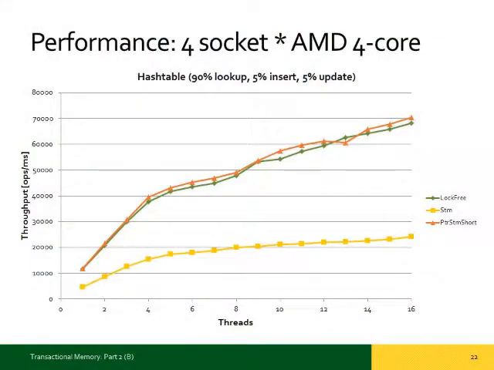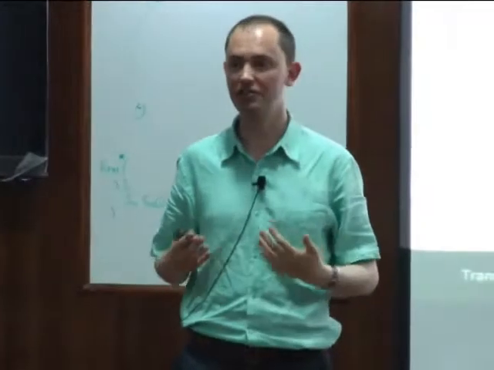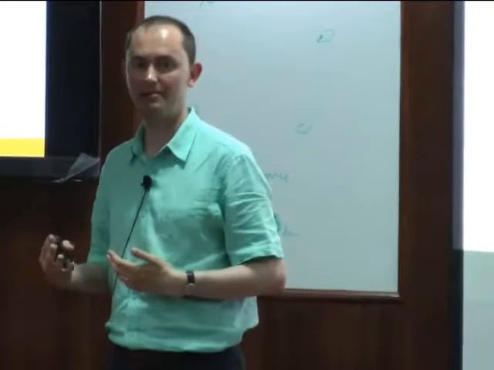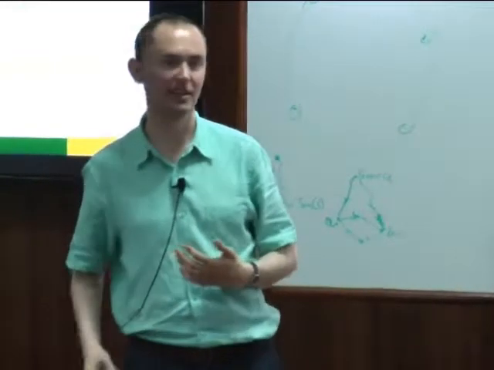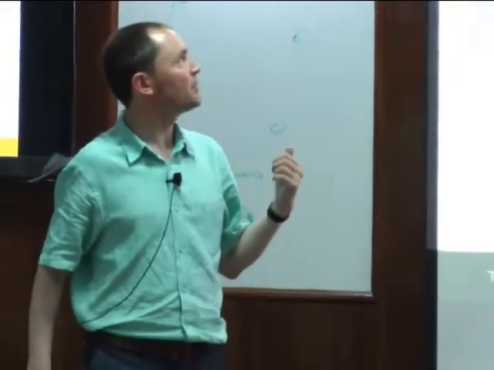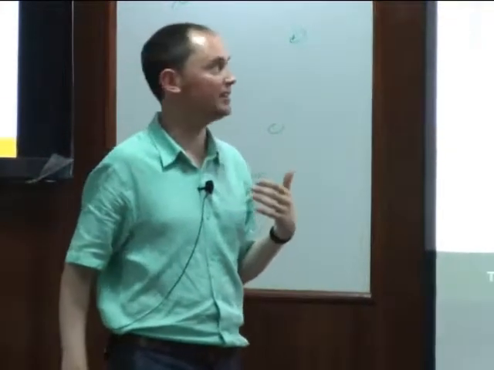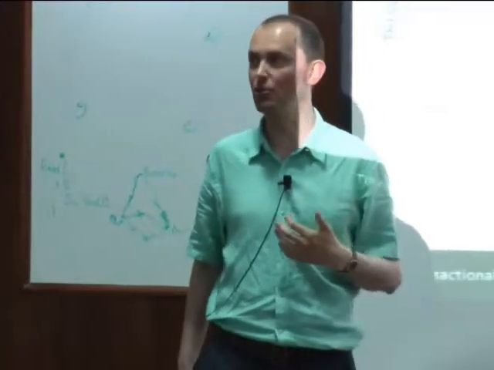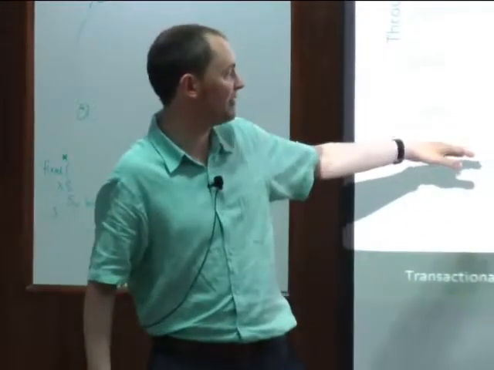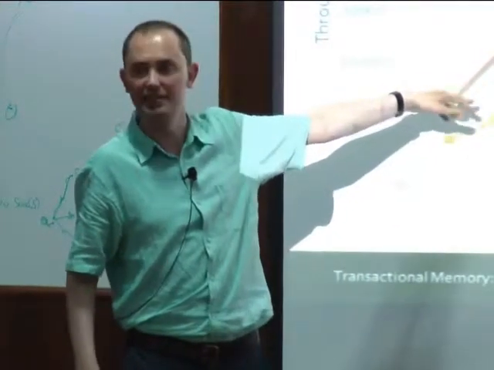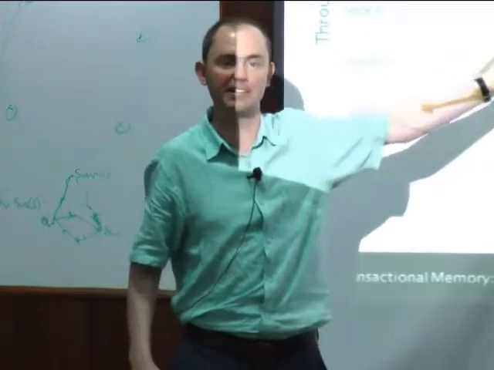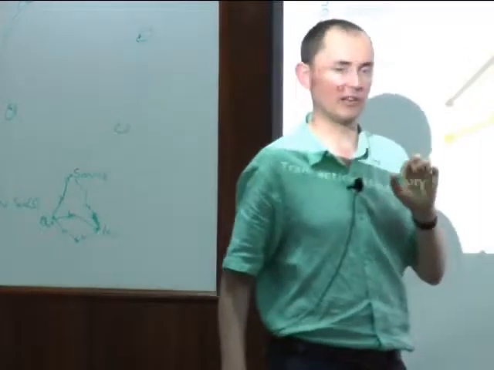So just to finish this section, I've got some other performance results. These are looking at some other data structure benchmarks on some slightly larger machines, just to illustrate how SpecTM, using these different forms of specialization, is able to scale and perform better than the other systems. This one is looking at a hash table. We're on a 4-socket AMD 4-core machine, and we're comparing the STM system, the lock-free hash table in this case, and the lock-free hash table built using SpecTM with the single lock bit idea.